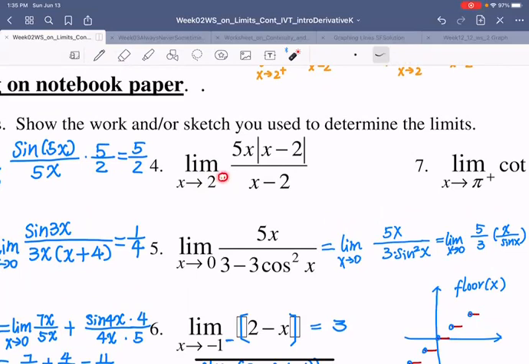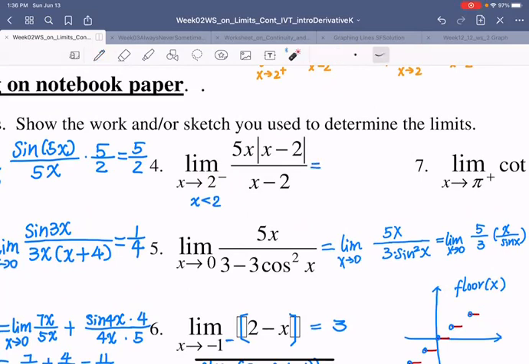If I don't write down any sign, I'm just writing x approaches 2. If I write 2 negative, this means I approach 2 from the left. If I write 2 plus, that means I approach 2 from the right. So here, 2 from the left means x is less than 2. This implies that x is smaller than 2.